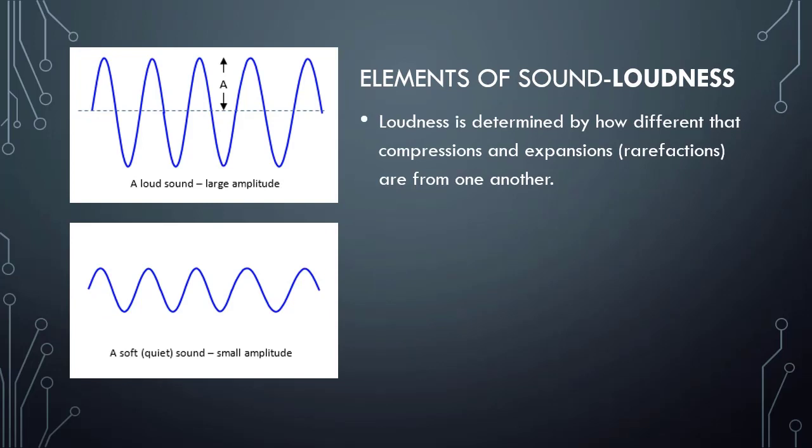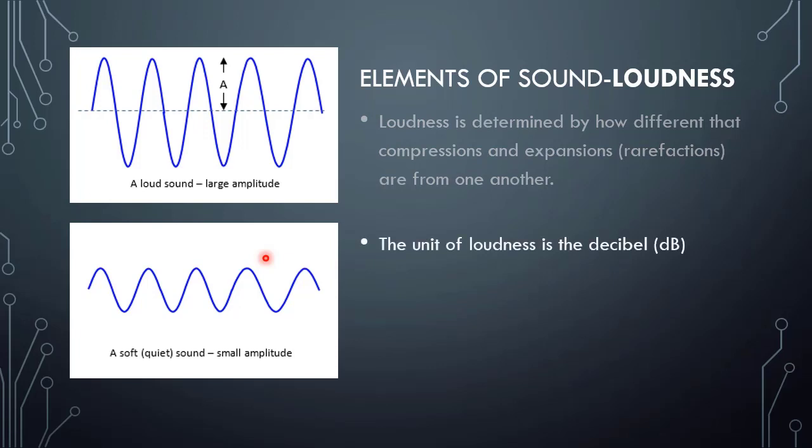The loudness of a sound, which is that unit decibels I just mentioned, is determined by how different these compressions and expansions are from each other. Something that's really loud will cause strong compressions followed by strong expansion, or rarefaction. In the way we would look at a sound wave, this creates a larger amplitude, a bigger height. You could measure this from the bottom to the top, or from the center line to the peak because it's symmetrical. It doesn't really matter which one. But that difference between how much compression and how much expansion there is determines amplitude.